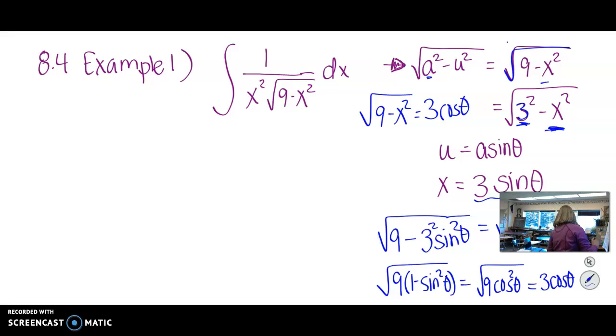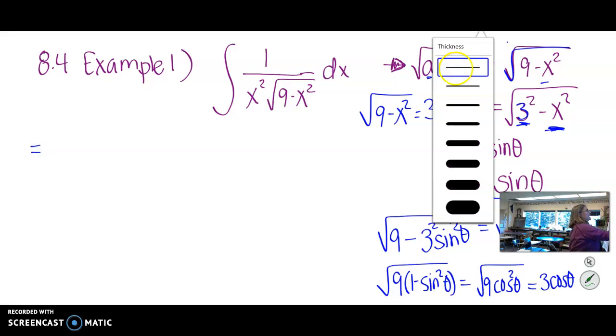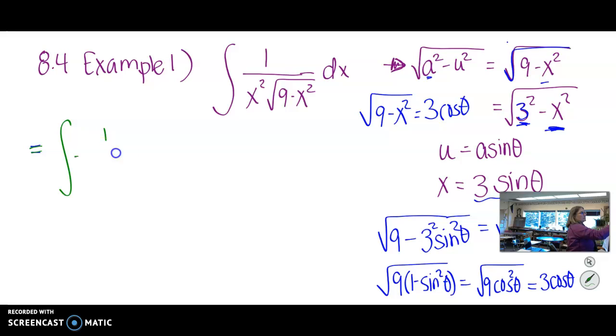Replacing everything here, if we sub all that in, let me do this over here. We have the 1. I'm not going to replace that with anything, but I do need to replace the x with 3 sine theta, and it's x squared, so I have to square the 3, and I have to square the sine.